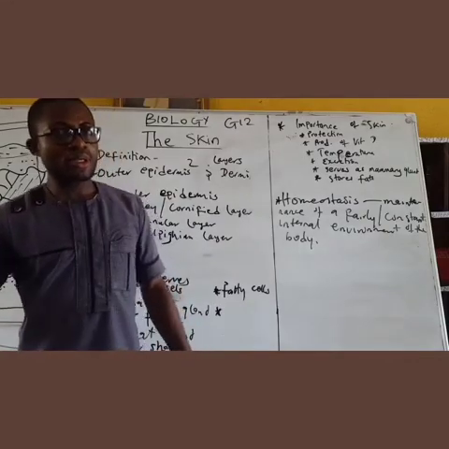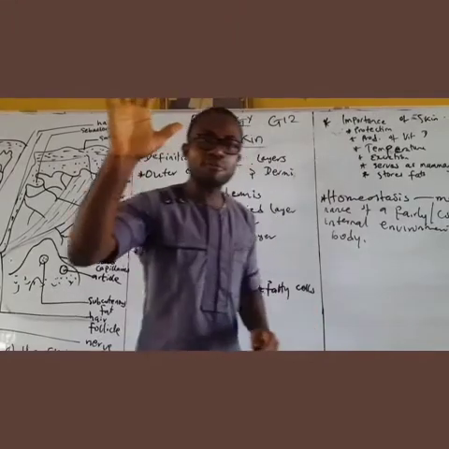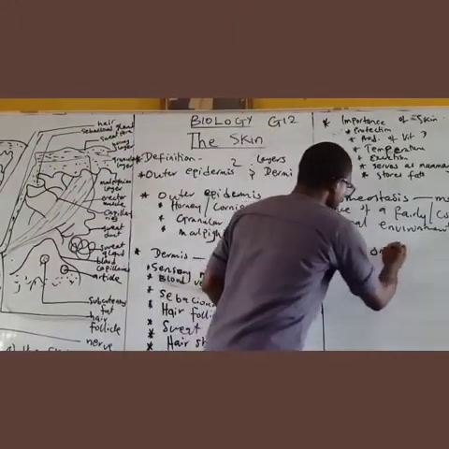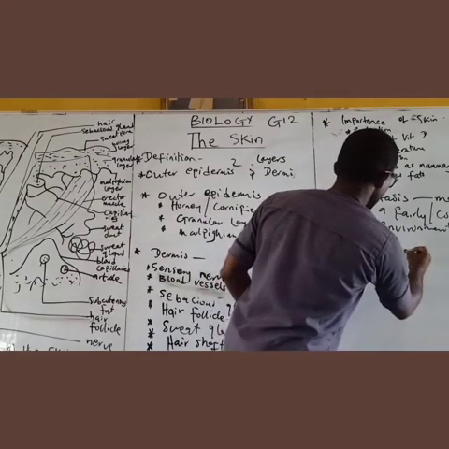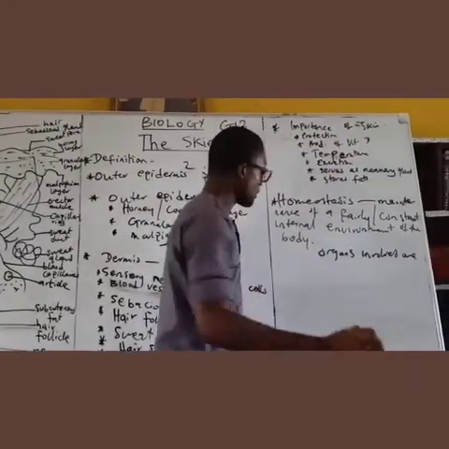Just as a reminder to you, this is like a revision. The organs involved in homeostasis are, first, the kidney.